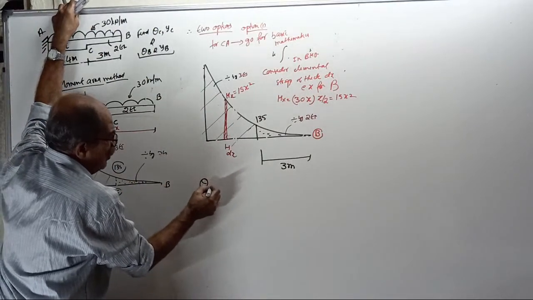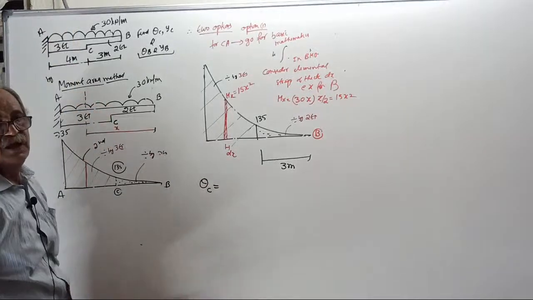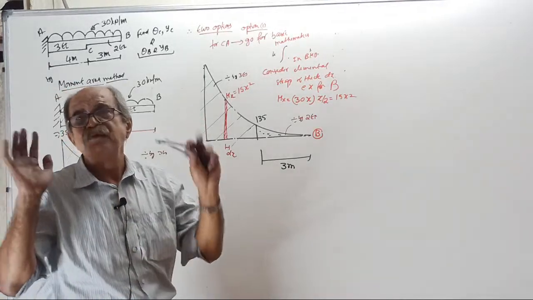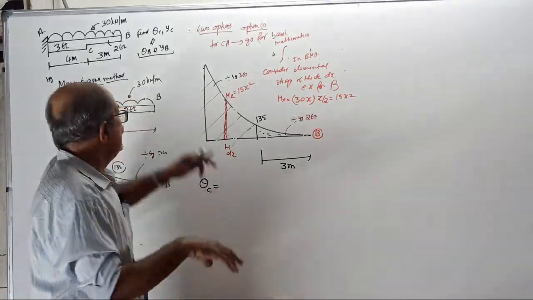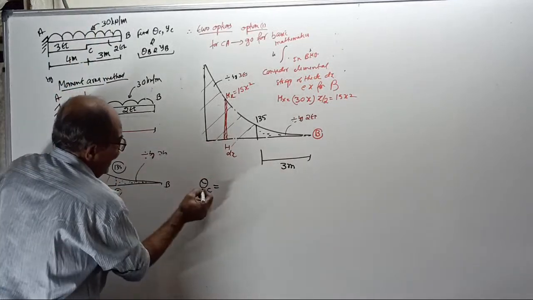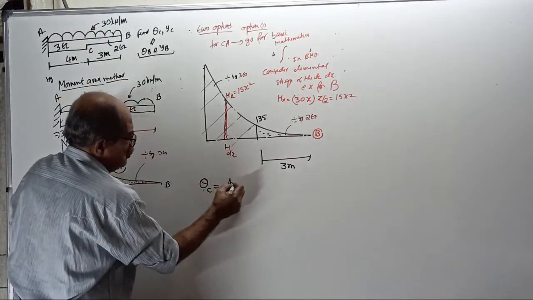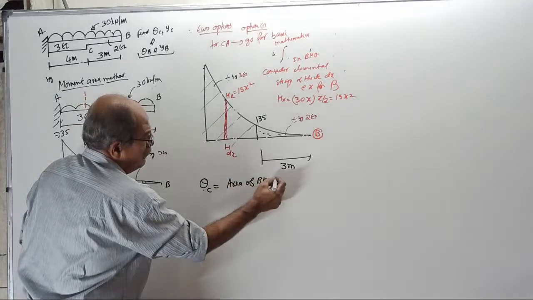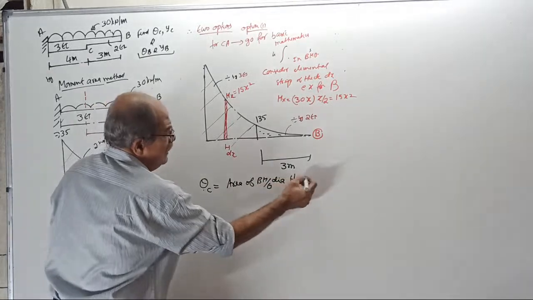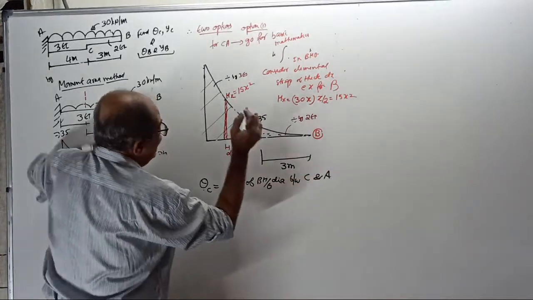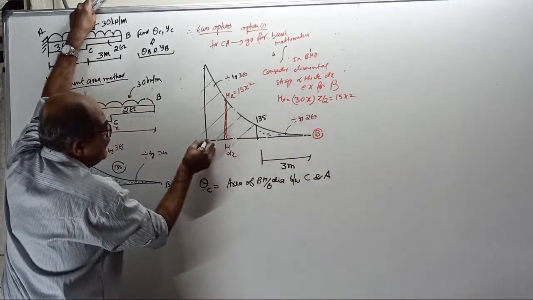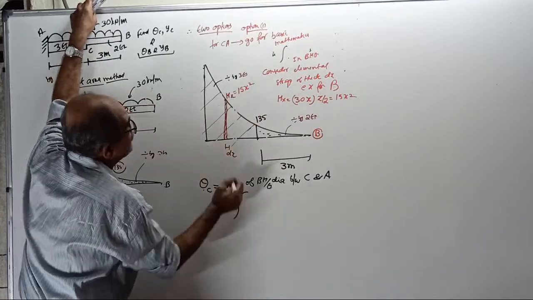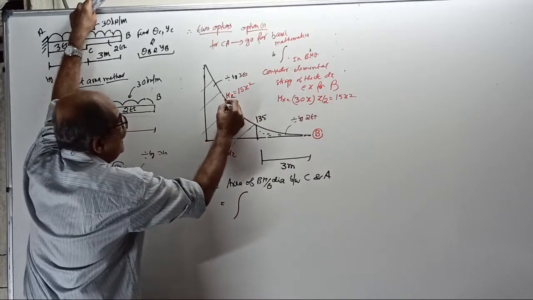Slope at C I want. Theta C I want. I won't tell again and again. I told you 100 times. If you want slope at C, I will write equal to what? I should not write the area of the BM by EI diagram between C and A. Why? Between the point C and the fixed end A, this area is the integration of the area of the strip.